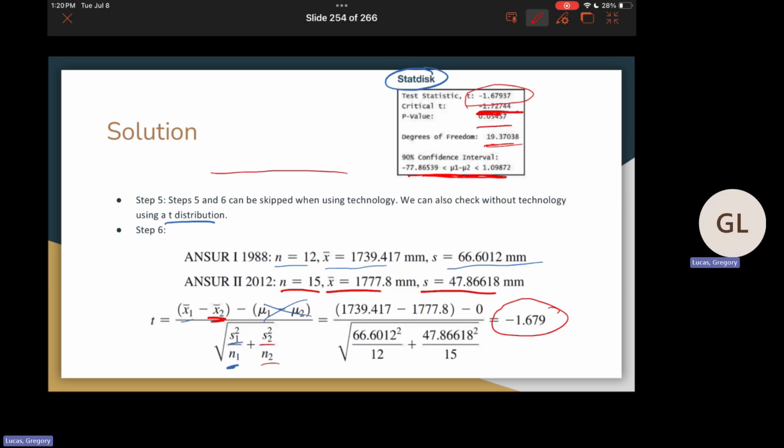So if we look at our bell curve, if we have our critical value here of negative 1.72, negative 1.679 would fall just outside of that critical region. So this is our critical region, and negative 1.679 would fall just outside of that region.